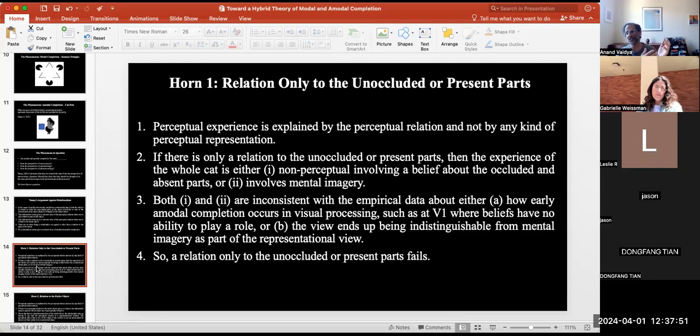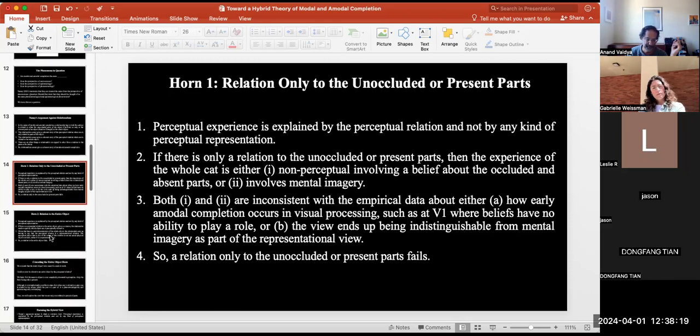Now, if the relationalist goes over to the imagery view, then basically they become a representationalist of some kind. They're no longer a pure relationalist, which I'll get to. They must be some form of hybrid theory. As a consequence, trying to appeal to the unoccluded parts, or in the Kanizsa triangle, the present parts, the lines that you actually see, and the 3 Pac-Mans, can't really help a relationalist. Okay, so that's the first one.